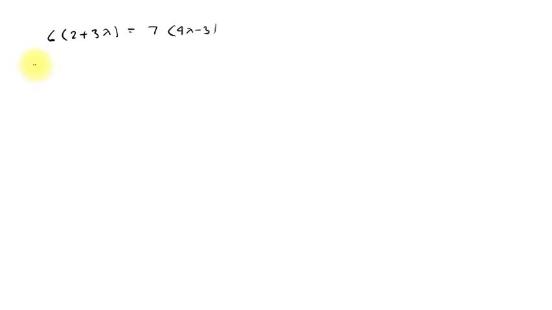So this can be written as 12 plus 18 lambda is equal to 28 lambda minus 21, here 7 into 4 is 28. So we take this to the left hand side, so we have minus 10 lambda is equal to minus 21 minus 12.